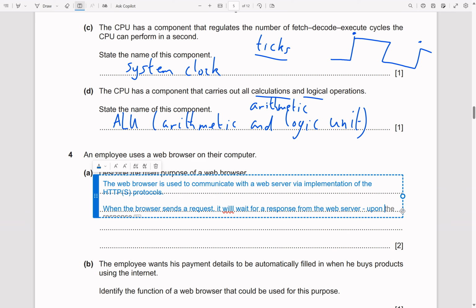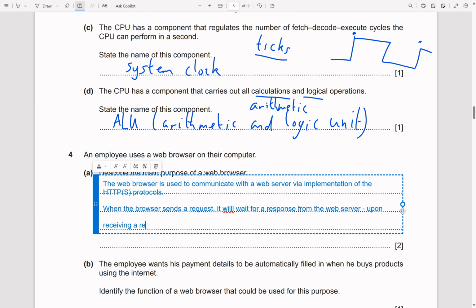Upon receiving a response, the browser will parse the content. So let's say HTML, maybe JavaScript, CSS, et cetera.